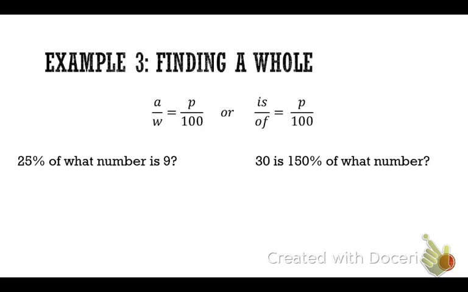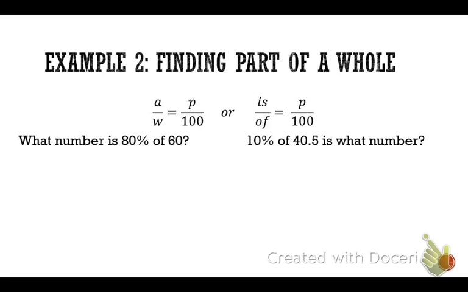So I'm just going to try to plug in my other numbers. 25%, that like gives it away. Which one is that? Over 100. That's P over 100. Very good. All right, so I have 9 over, which variable stands for of? No, of. W.